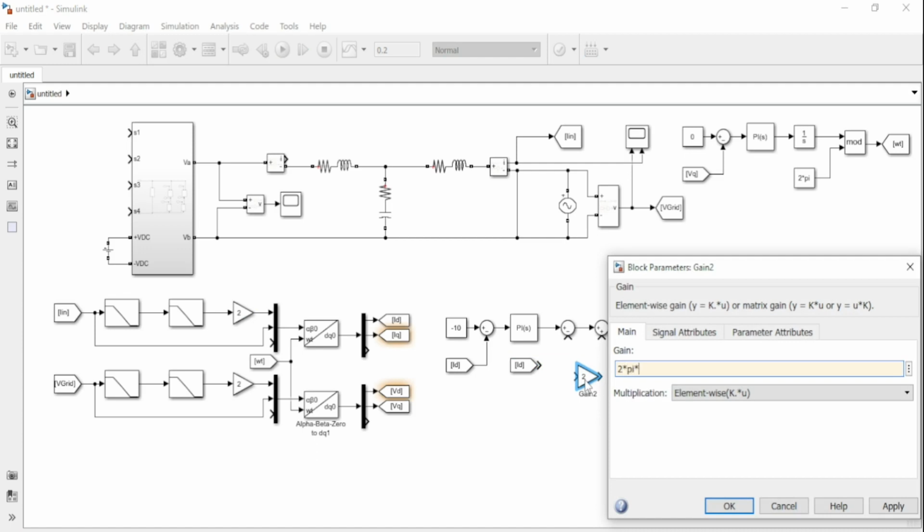So the gain value is given by 2 times pi times 50 times the total inductance, which is 5.752 millihenry.